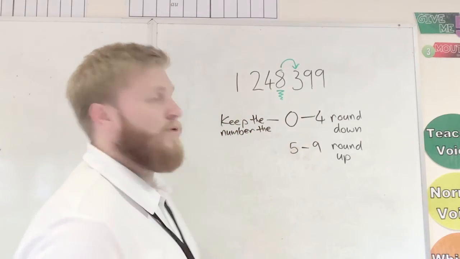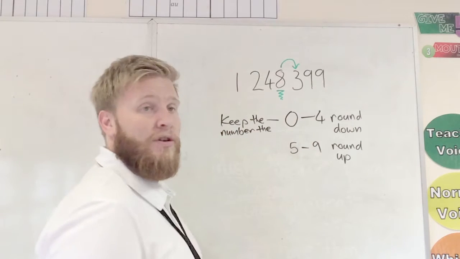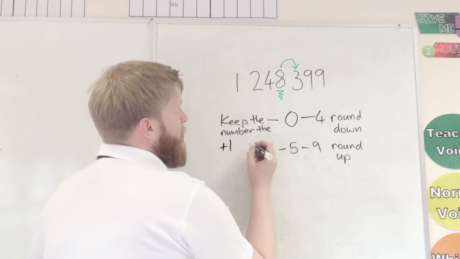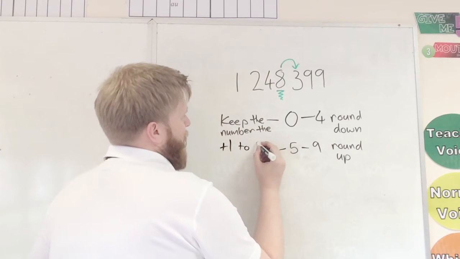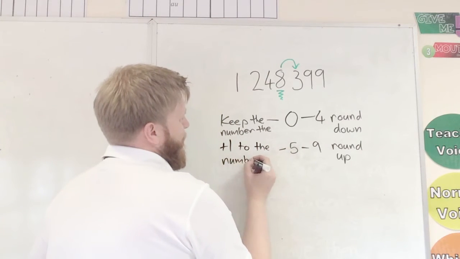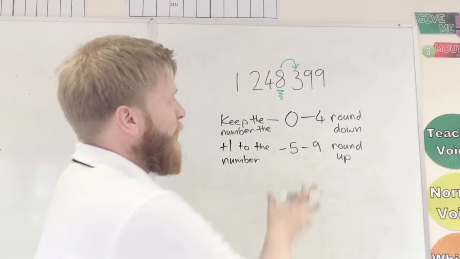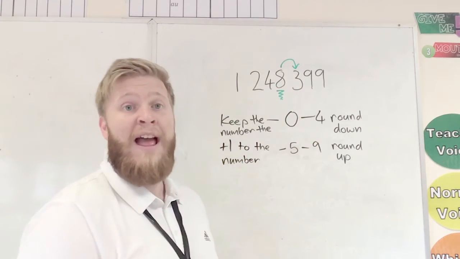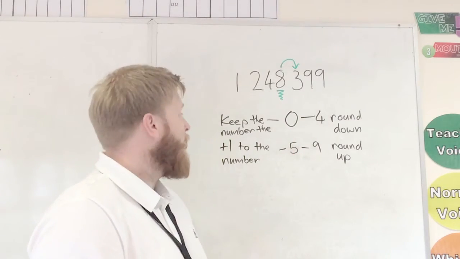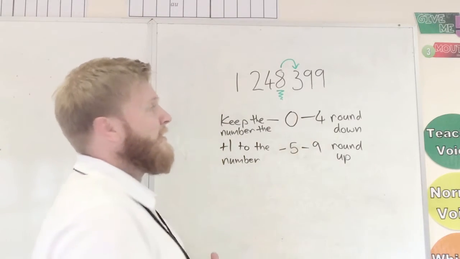So that 8 is going to stay the same. If we were rounding up, we add 1 to the number. So if we'd been rounding up in this section, that would change to a 9. Because we're rounding down, that's going to stay the same, so we don't have to do anything.